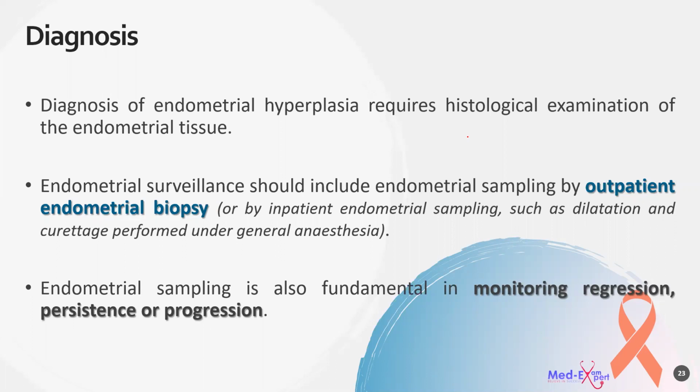So we may need to give her anesthesia and do classic dilatation and curettage to take our endometrial sample. Not only for diagnosing, of course, this is also fundamental in monitoring the regression, persistence, or progression of the case later on.